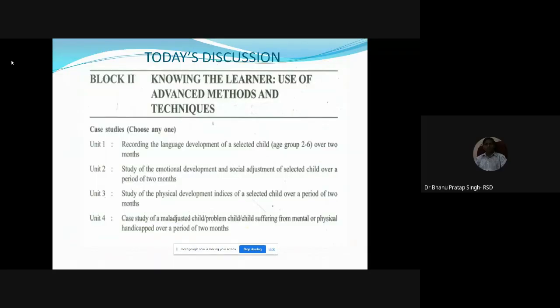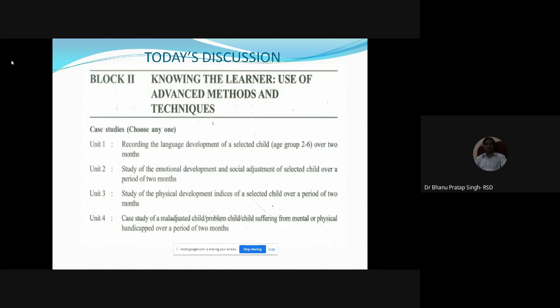In block 2: knowing the learner, use of advanced methods and techniques. Means in this block 2 there are units.